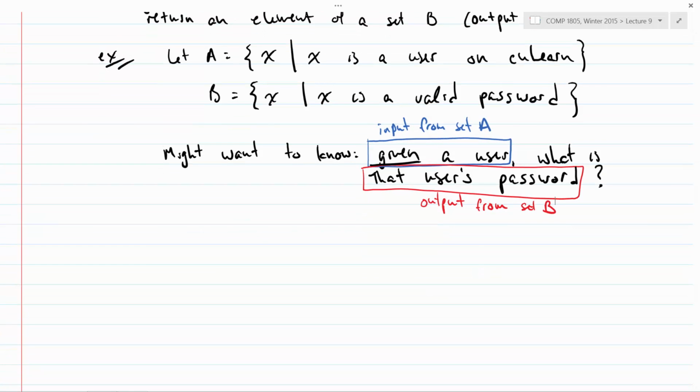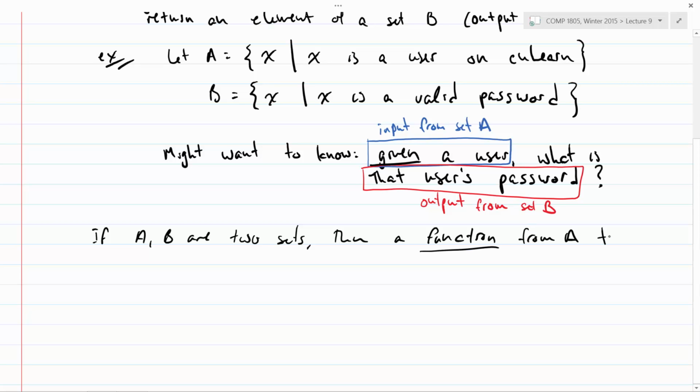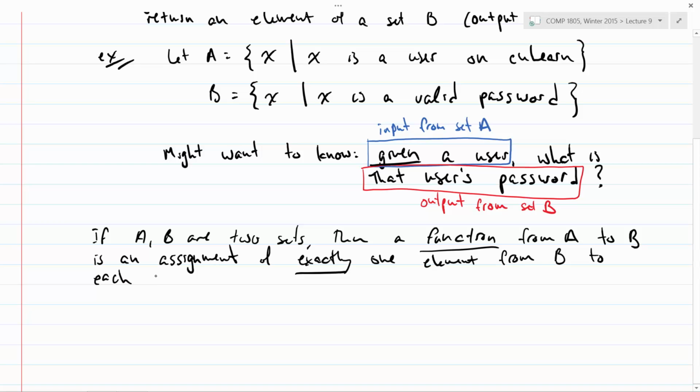So if A and B are any two sets, then a function from A to B is an assignment of exactly one element from B to each element of A. So exactly one element of B, or sorry, from B, I should say, to each element of A. So all that means is no matter what input you give, it produces some output.